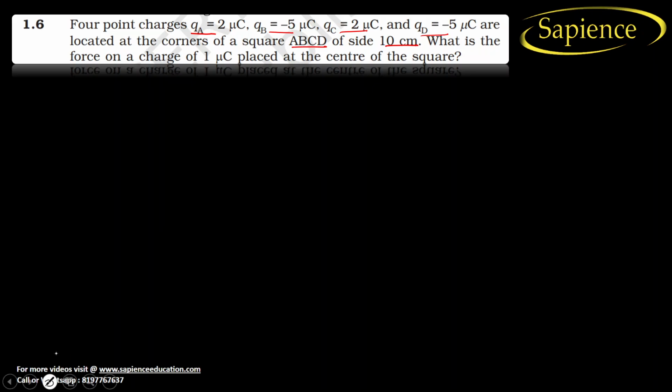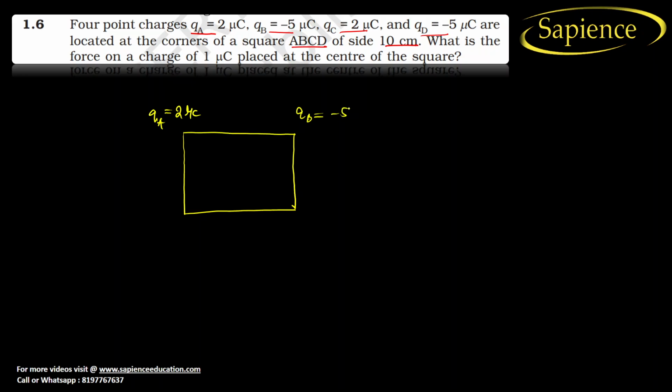So let us suppose we need to draw the square first of all. So this is a square and there is a charge QA equal to 2 microcoulomb, a charge QB equal to minus 5 microcoulomb, a charge QC equal to 2 microcoulomb, and a charge QD equal to minus 5 microcoulomb.